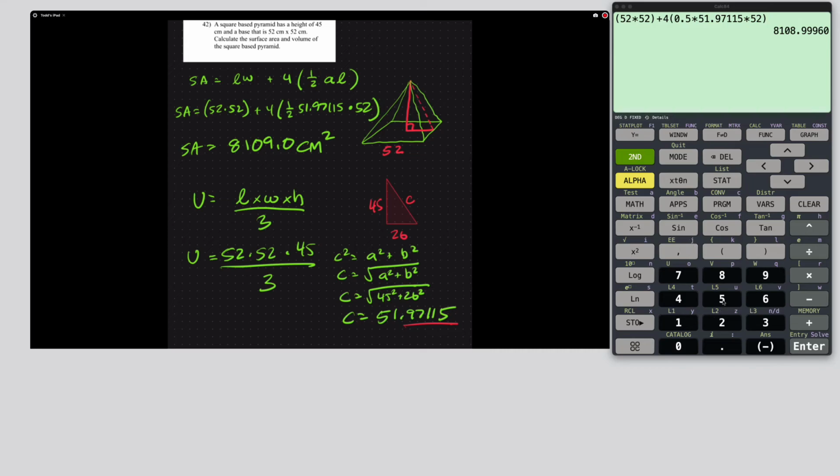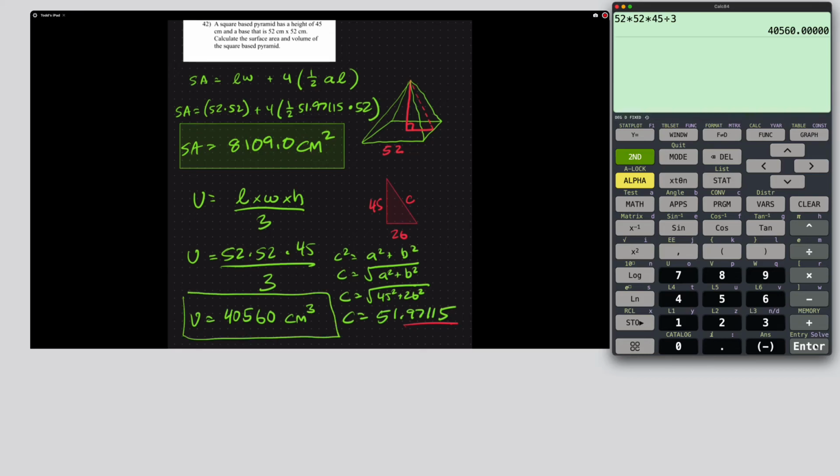Oops, I gotta clear that and do that again. 52 times 52 times 45 divided by 3, enter, we get the volume equals 40560 centimeters cubed. So there is the final answer for our surface area, and here is the final answer for our volume.